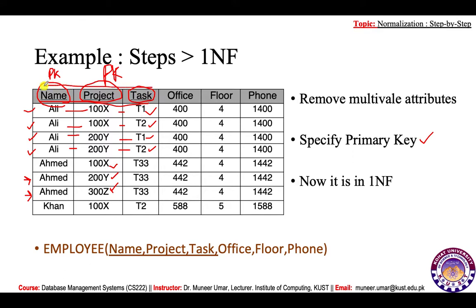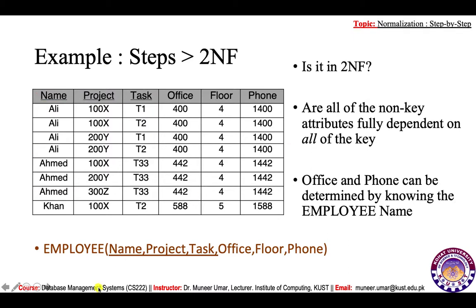Now this table is in first normal form. Name, project, task: these three attributes are composite, and they are forming a primary key. And after that, we have three more attributes. Now we are moving toward the second normal form. Whether this table is in second normal form or not, here we have a composite key, name, project, and task.